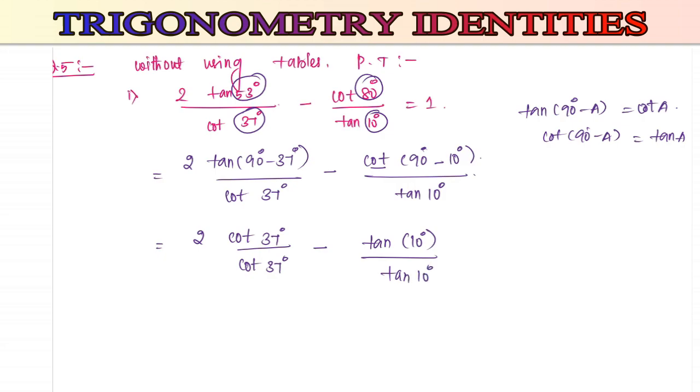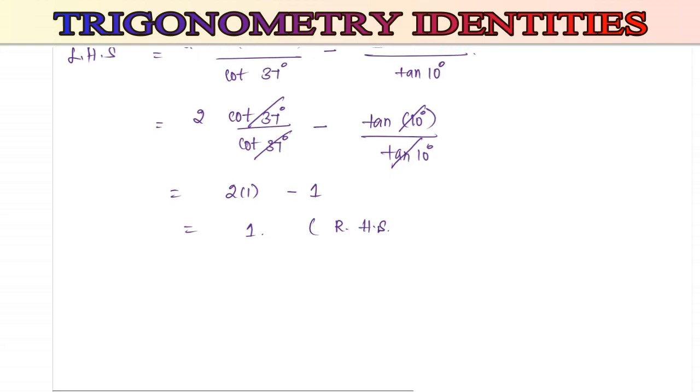So cot will get cancelled, tan will get cancelled. So you will get 2 into 1 minus 1. So 2 minus 1, the value is 1. So we have taken the LHS part and we have shown the RHS. Hence it is proved.